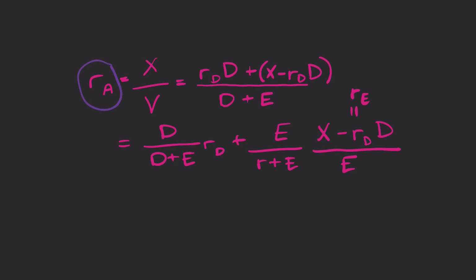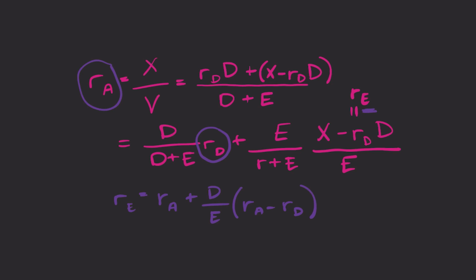RA and RD are fixed, but it's in fact the return on equity that's variable. And if we rearrange this equation, we get that the return on equity is equal to RA plus D over E, the debt to equity ratio, times RA minus RD.